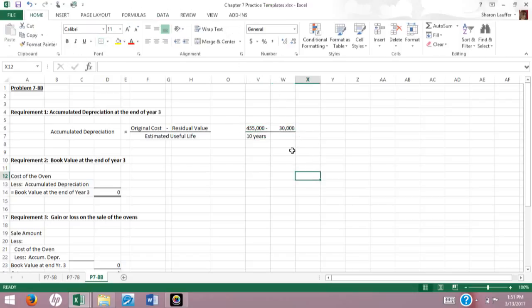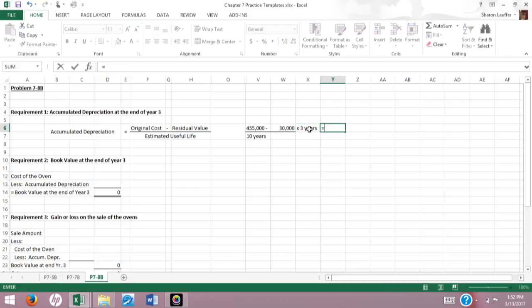So if we do the math on this, $455,000 less $30,000 divided by 10 years, and then we're going to take that amount and multiply it by 3 years because we've used that equipment 3 years. It says that they've had it for 3 years and now they're liquidating. So we're going to take that total amount times 3 years.